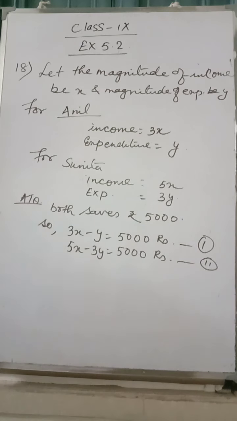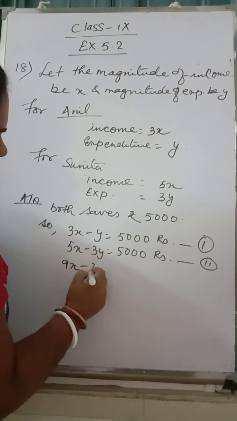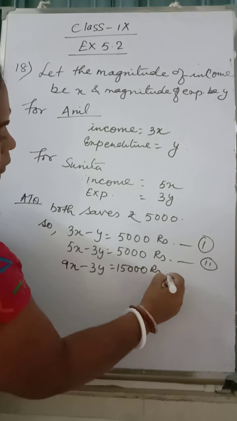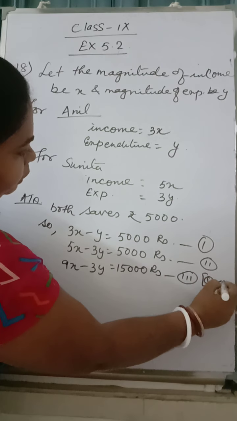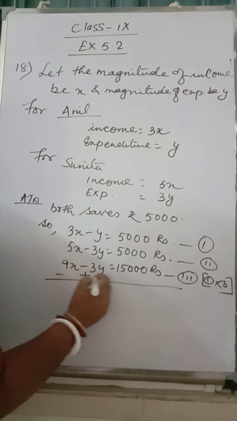Now if we want to eliminate y, we have to multiply the first equation with 3. So I am multiplying: 9x minus 3y is equal to 15,000 rupees. That is equation number 3, we got it by 1 into 3. Now I am eliminating y, so I have to subtract.